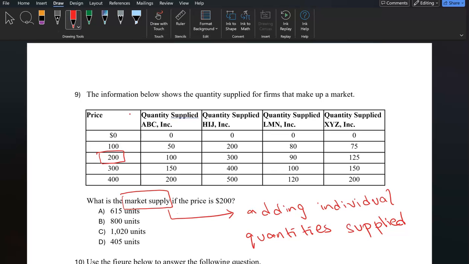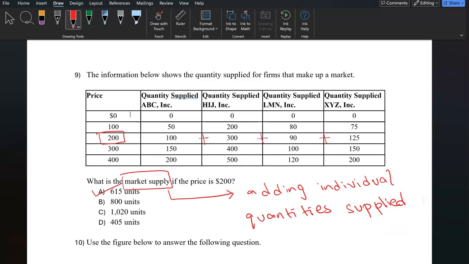So we are focused on this price. We have 4 sellers, and I'm going to add all these quantities. We have 300 plus 100, that's 400. Then we have 490. Then we have 590. Then we have 590 plus 25, so that's 615. And that's my answer for this question.